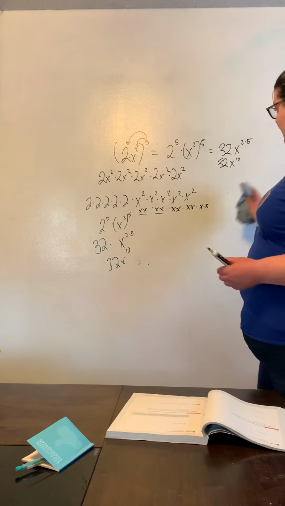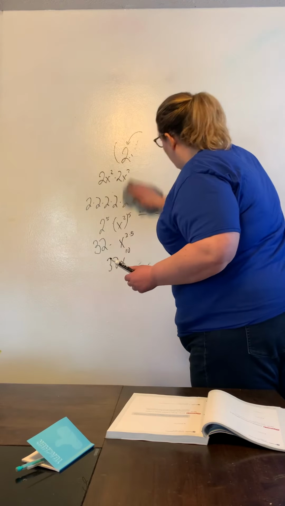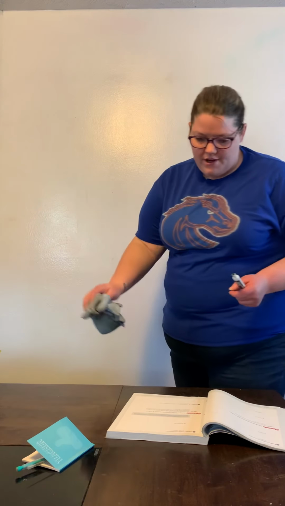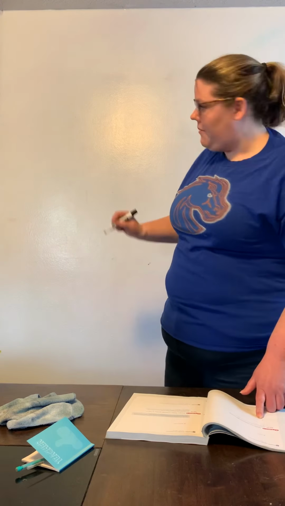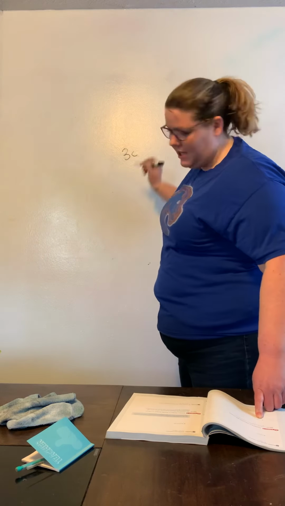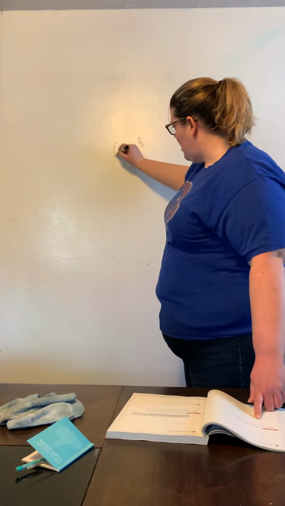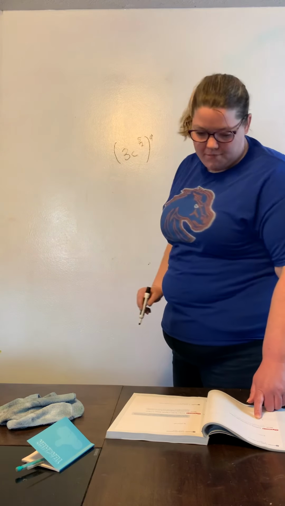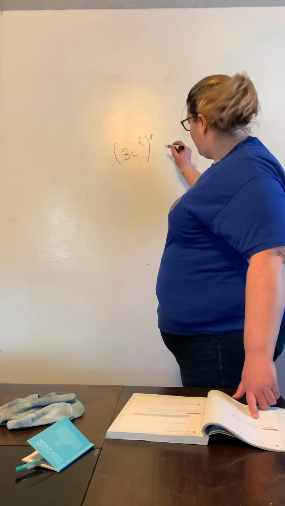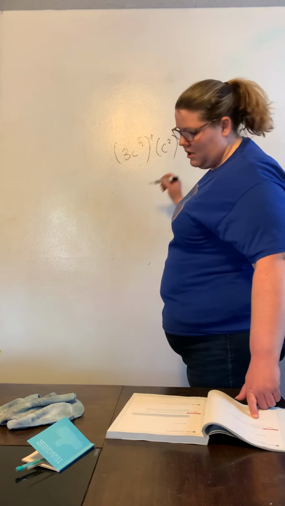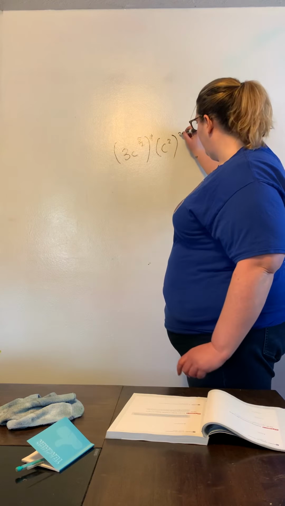When we're multiplying fractions, so let's say I have something like problem number 4, part B, says 3c to the 5/2. That whole product to the 4th power, and then c squared to the 3rd power.